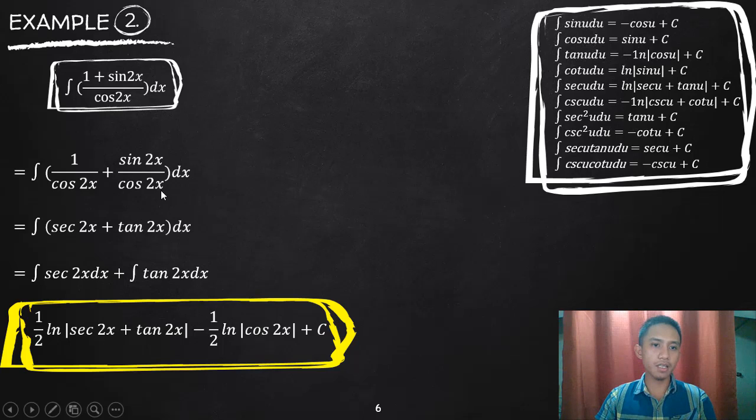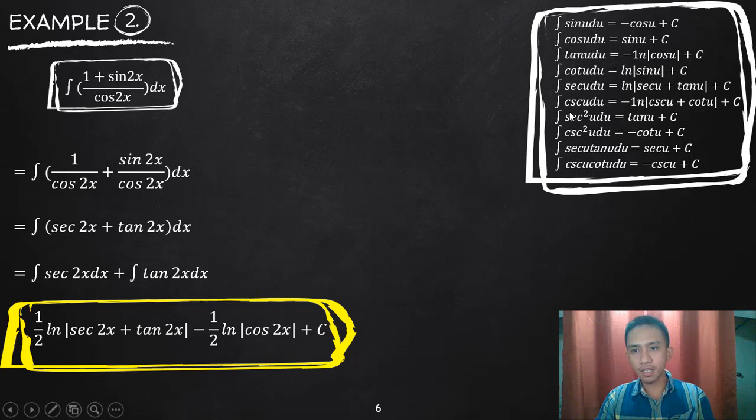Therefore, that will become 1 over cosine 2x, which I do not have in my formula. So why not convert this using the inverse trigonometric identity? The inverse of cosine is secant, isn't it? So instead of integrating 1 over cosine 2x, that will now become secant 2x.